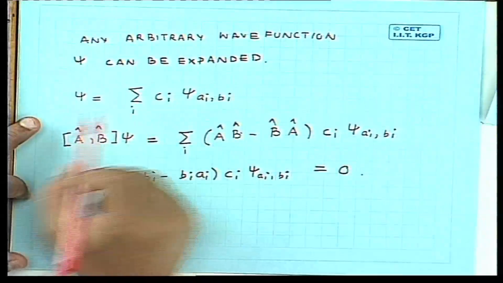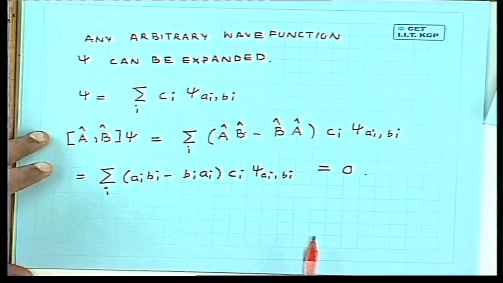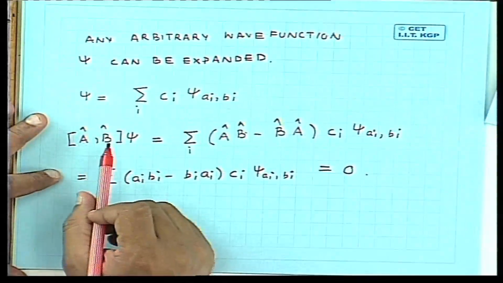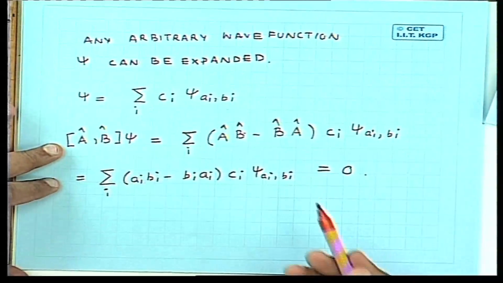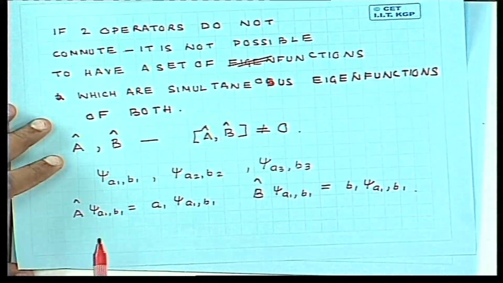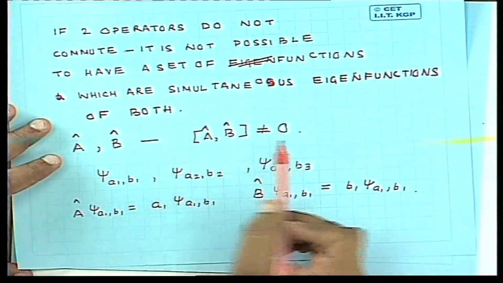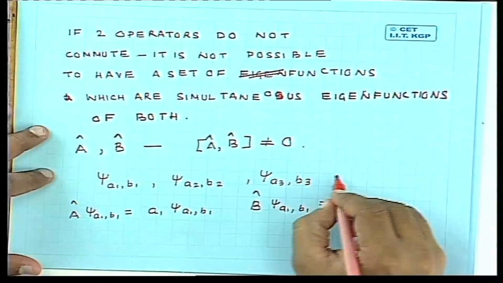So for any wave function, if the commutator of A and B acts on it, it gives 0. But I have already assumed that A and B don't commute. If the commutator acting on any wave function is 0, then we have an inconsistency. There is an inconsistency, which tells us basically that this is not possible.